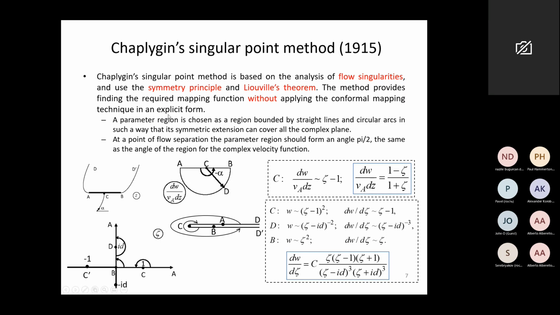And again, the order of this 0 is simple, first order, because when we move around point C at an infinitesimal radius, the argument changes by pi, completely the same as in the parameter plane. So here the 0 is of first order.